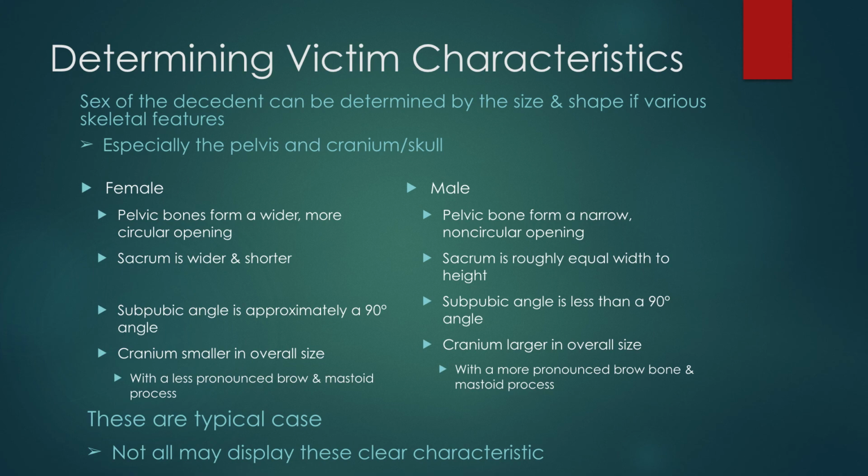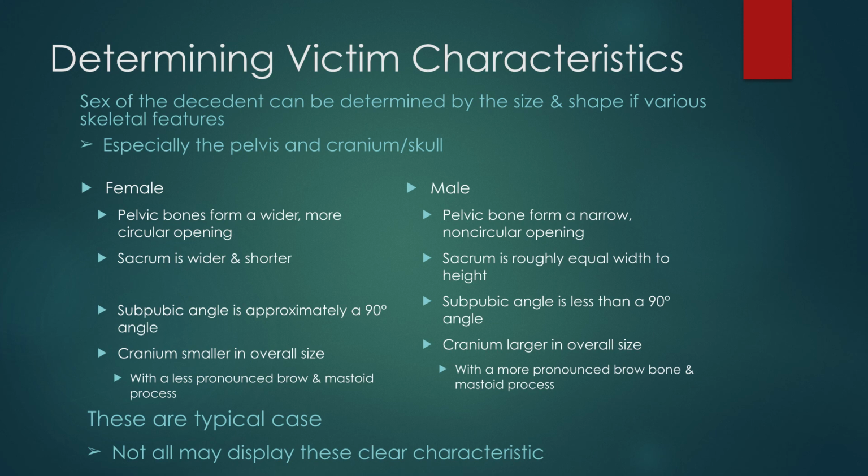The fact that the female's pelvic bones are wider actually aids in the childbearing process, so there's an anatomical purpose behind it. The sacrum is also wider and shorter in the female. In the male, it's roughly equal width with height.